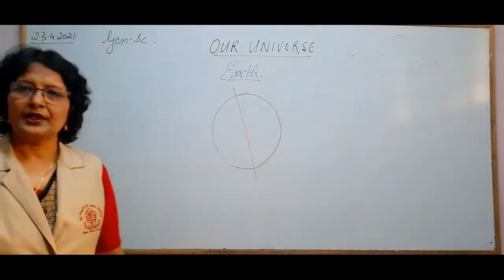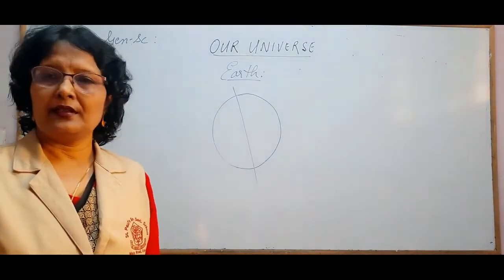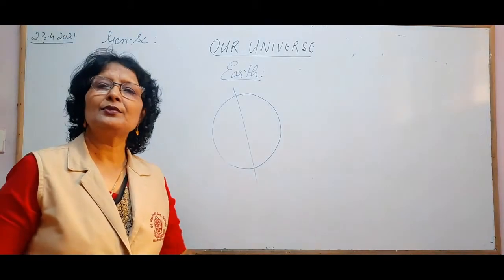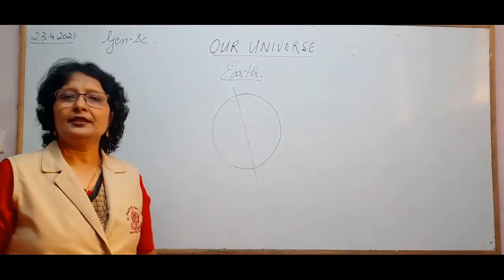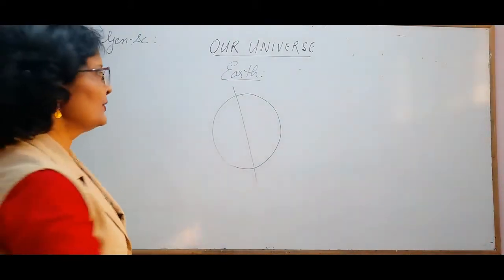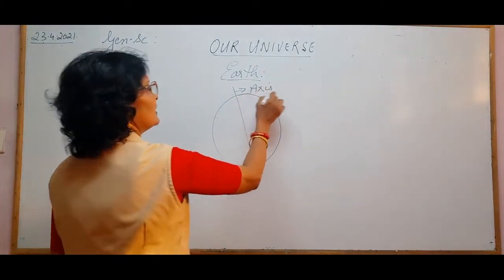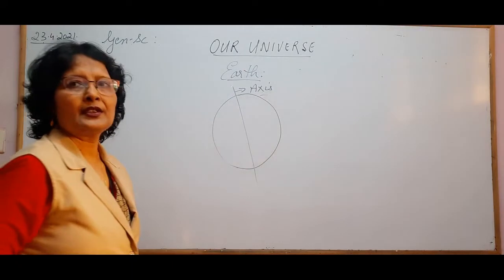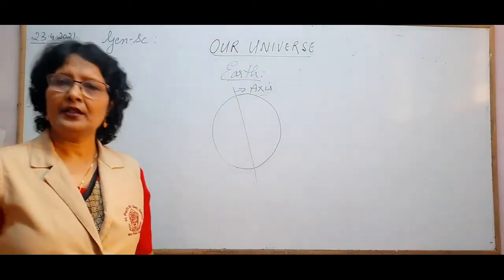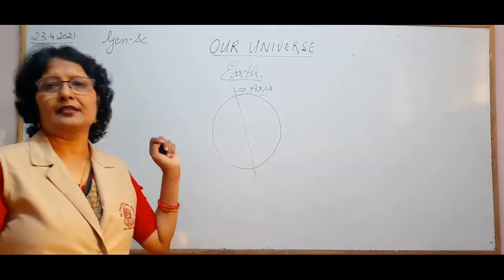We only assume, there is no such line passing through, but we assume that there is a line passing through the center of the earth. This is called an axis. The earth rotates on this axis.